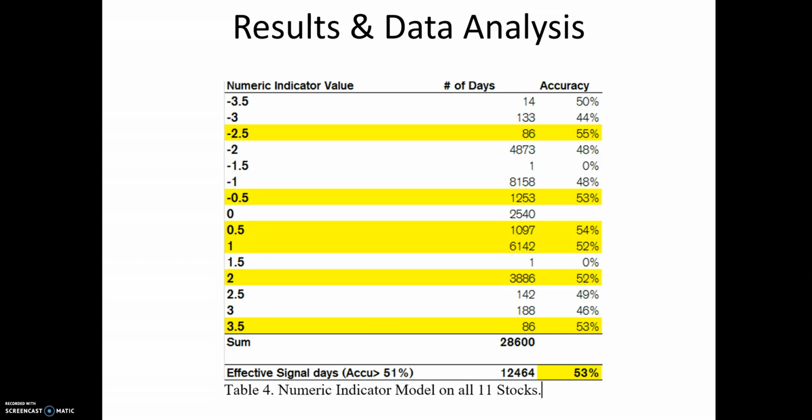So it has a wider range of application compared to the -0.25. That one's accuracy rate is quite high. However, the trade-off is that the signal is rare. Out of almost 29,000 days, you could only have that kind of signal in less than 90 days. So it's rare.